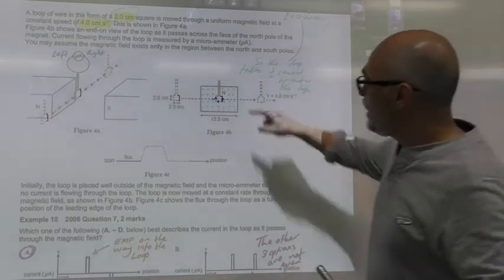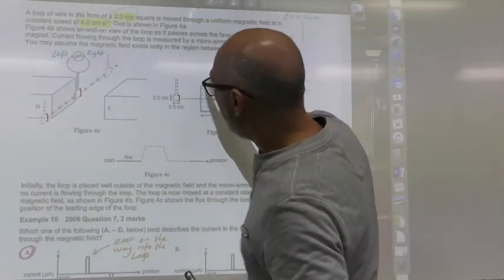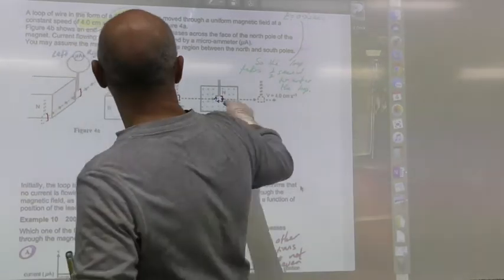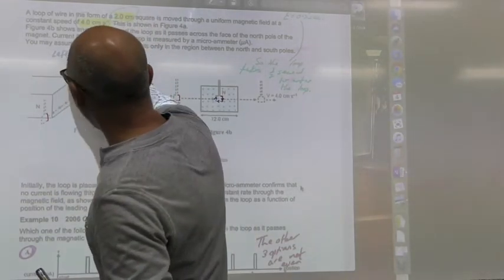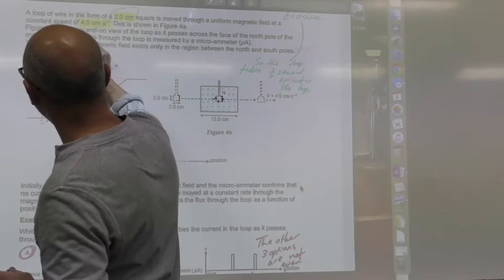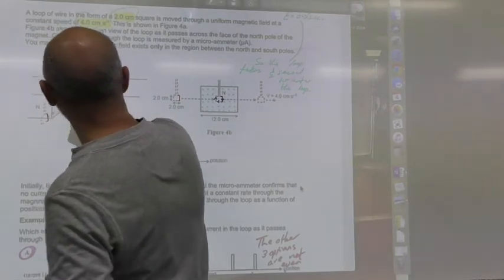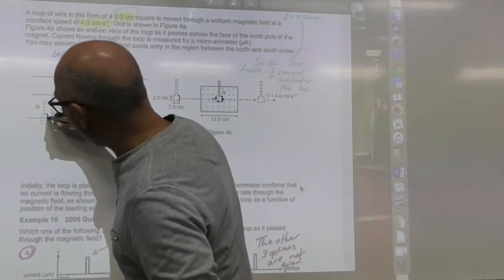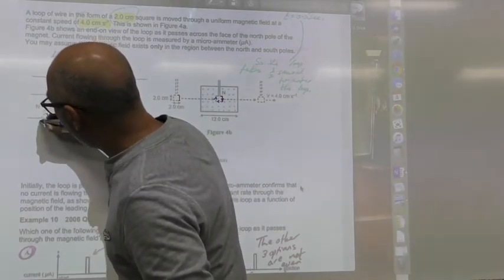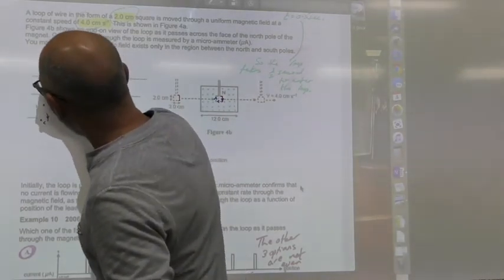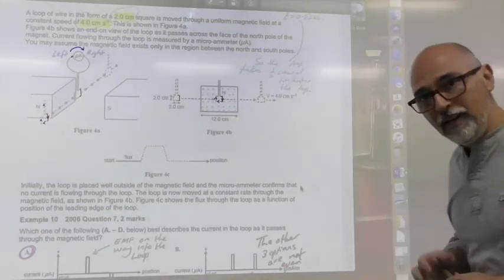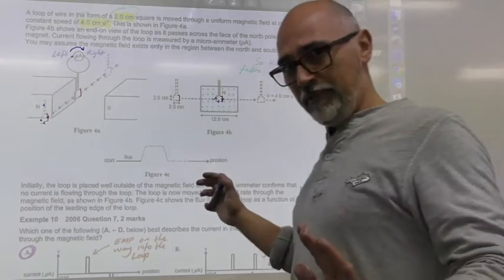So in other words, if that is the direction, then as this loop enters, the current runs from left to right through the ammeter because it had to. As it entered, it was moving this way, going up this arm and through the left side of the ammeter. Okay? That's Lenz's law in action right there.